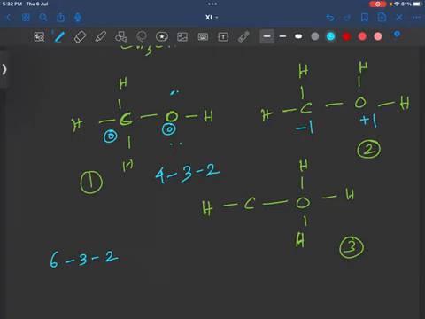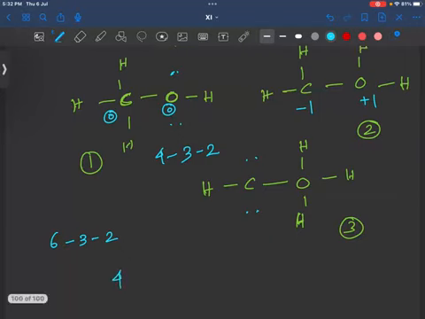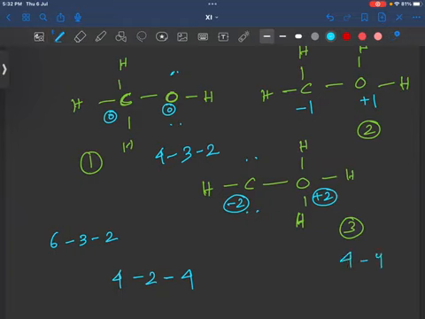Okay, what about here? The sum should come to 0. Here how much will it be? 4 minus 2 minus 4. So it will be -2 here and +2 here, because 6 minus 4 is +2.